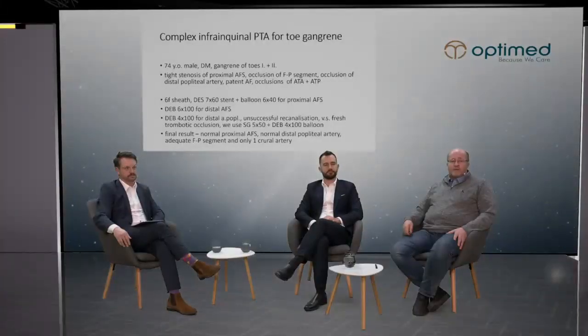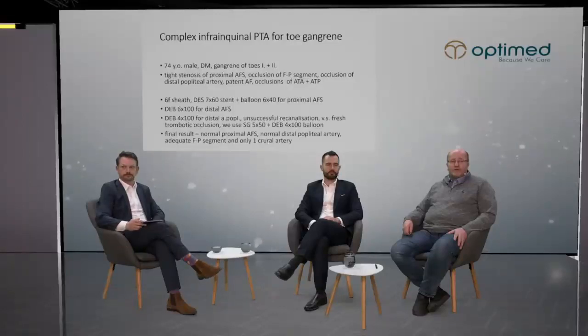But this PTA procedure was an unsuccessful recanalization, probably due to a fresh thrombotic occlusion, so we use a stent graft and again post-dilatation with a 4 millimeter balloon. The final result, I think, is normal proximal superficial artery, normal distal popliteal artery, adequate femoropopliteal segment, and only one crural artery.